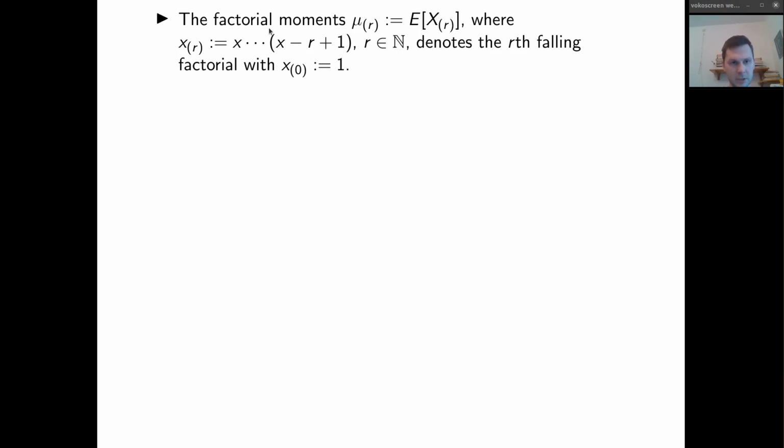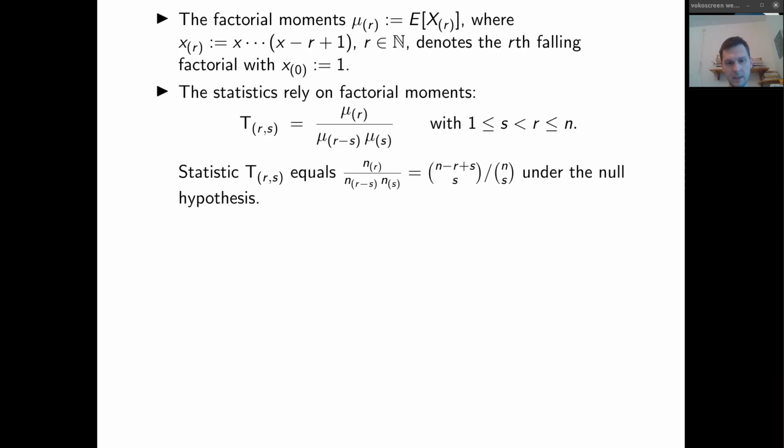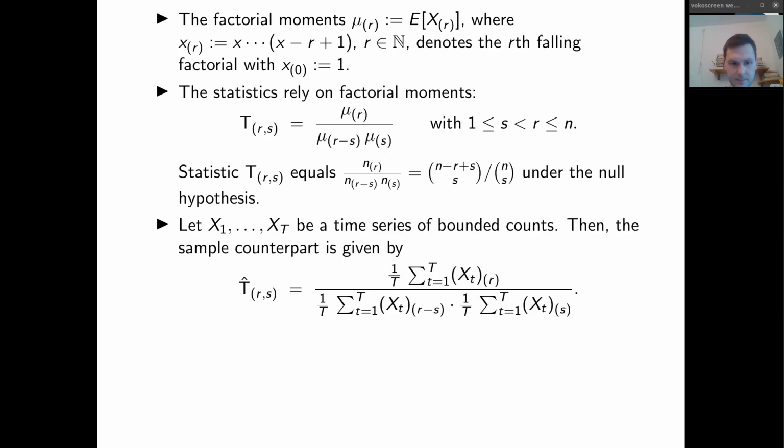For abbreviation, the factorial moments are defined like that. The statistics rely on factorial moments we defined like this with different r and s. Under the null hypothesis, this statistic equals this, where r, s, n are known and fixed.